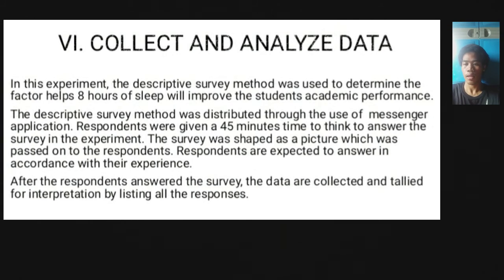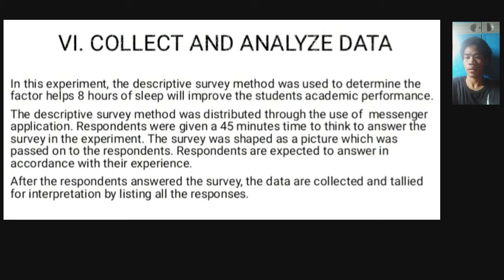Number 6, collect and analyze data. In this experiment, the descriptive survey method was used to determine the factors on how 8 hours of sleep will improve the students' academic performance. The survey was distributed through the messenger application. Respondents were given 45 minutes to think and answer the survey.